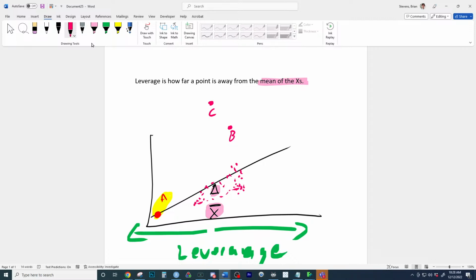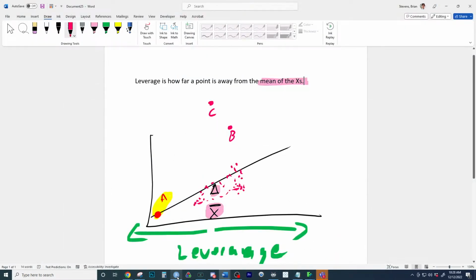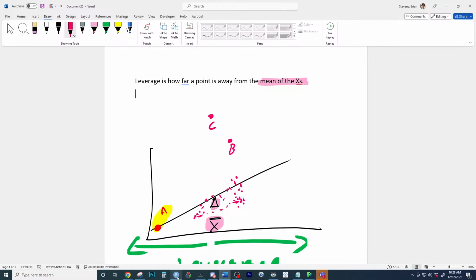But B and C both have for sure what? Look at the graphic over here for answers on the y-axis. What do B and C have?